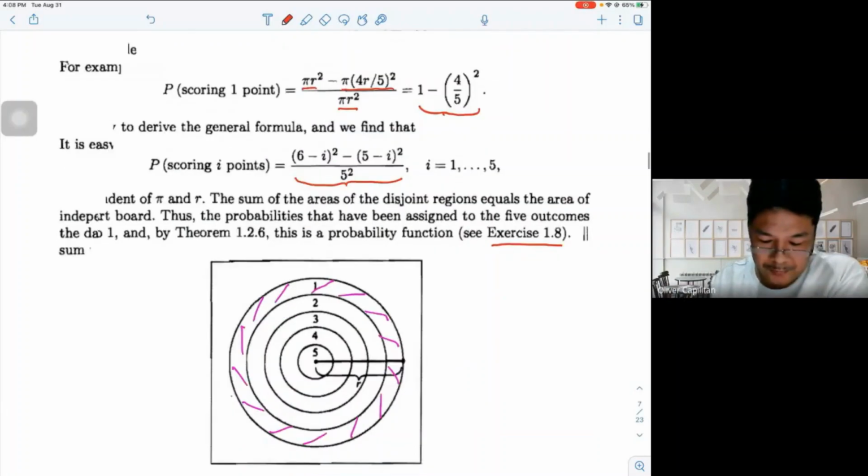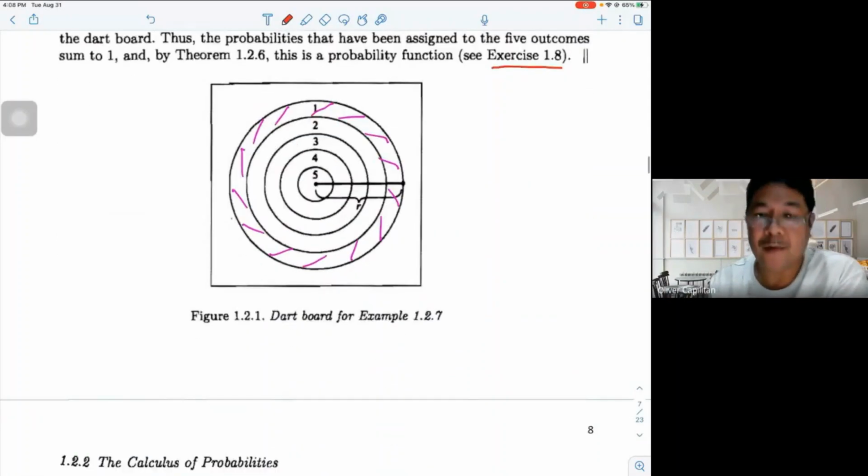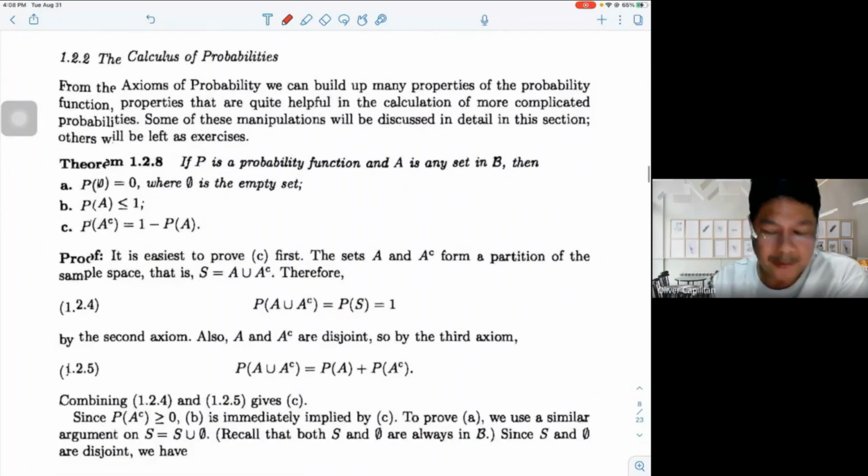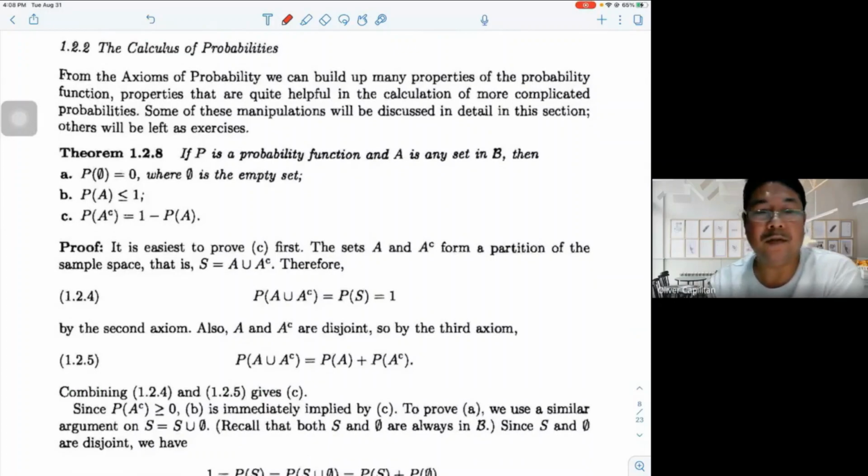Okay, so we are done with defining our probability function. Let us now proceed to the calculus of probabilities. This subsection discusses the properties of our probability function.